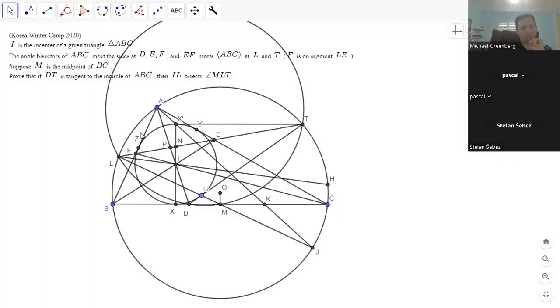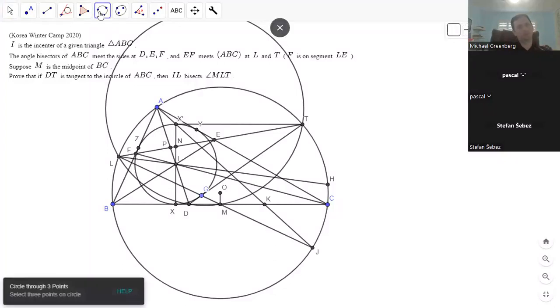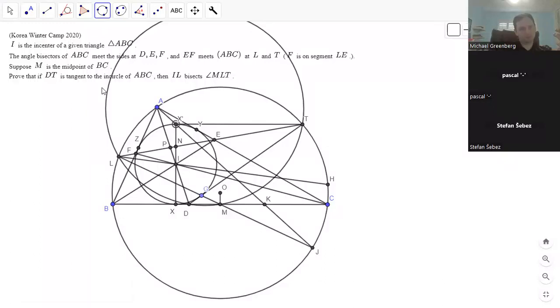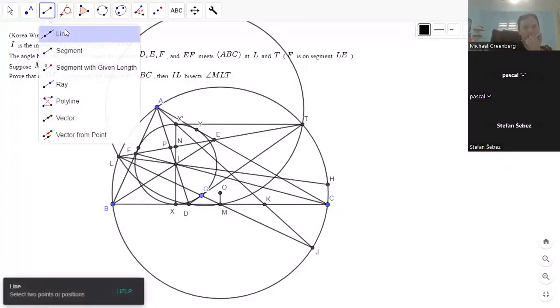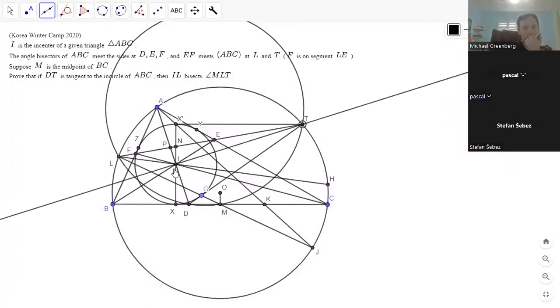And another thing which I found, and I'm not sure why this is true, is that the angle X prime TI seems to be equal to ILN. Basically, IX prime T is tangent to AI.